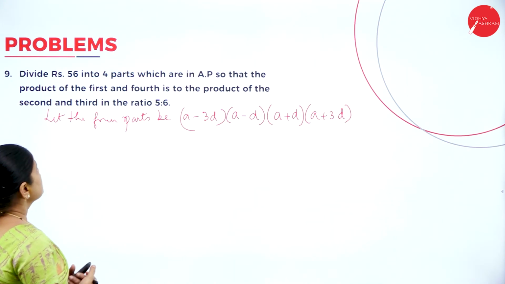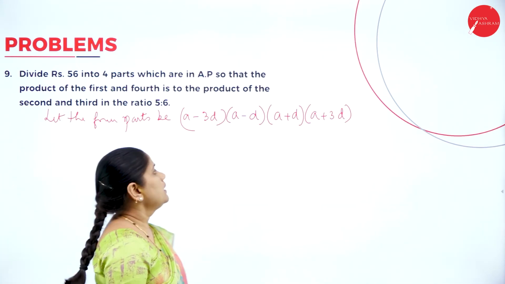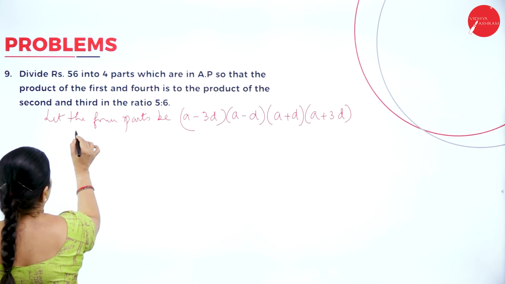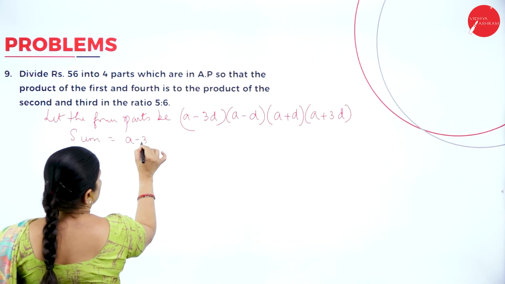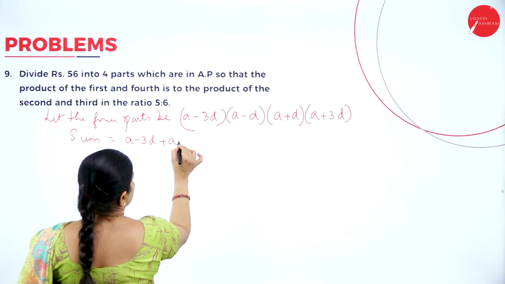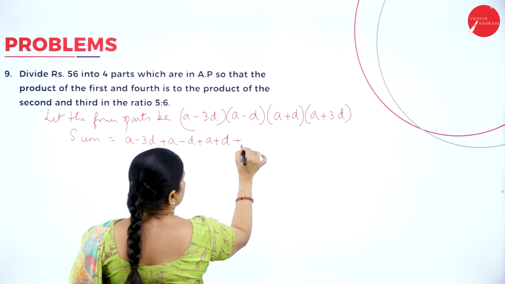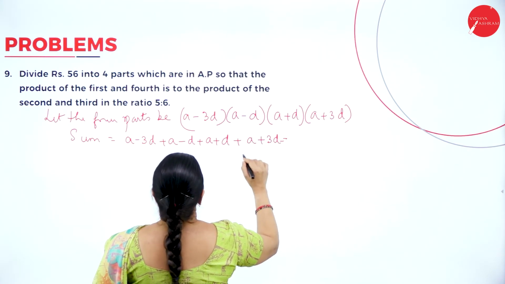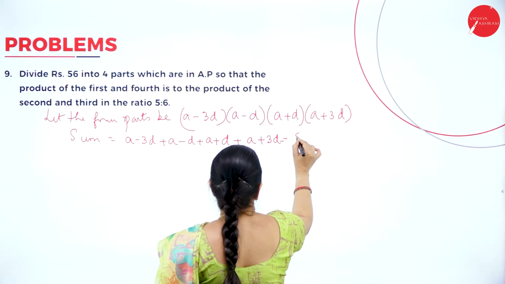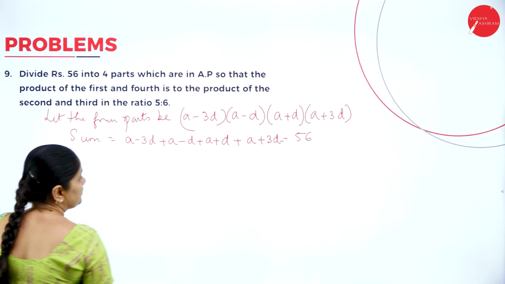So, the product of the first and the fourth, and the second and the third. Now, sum equals A minus 3D plus A minus D plus A plus D plus A plus 3D equals 56.